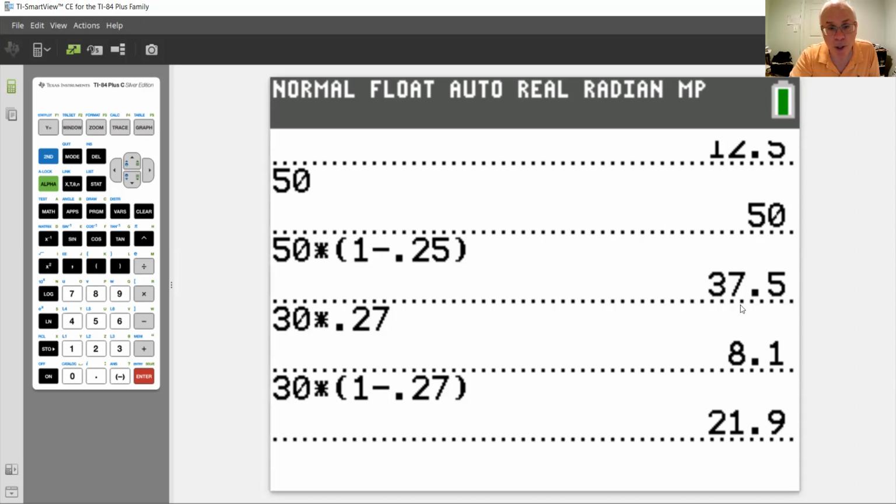Because the proportion is low, 0.27, the sample size has to be sufficiently large so that n times p is at least 10. In this case, it's not, it's 8.1. So this was an example where we could not use the normal distribution.